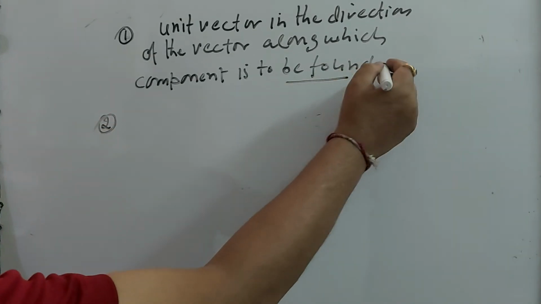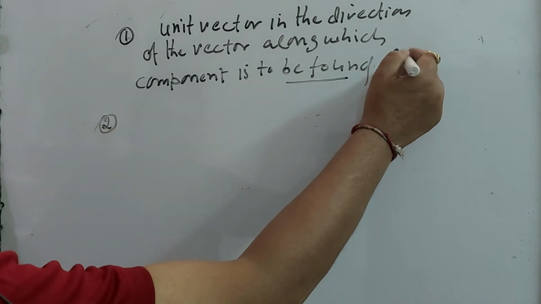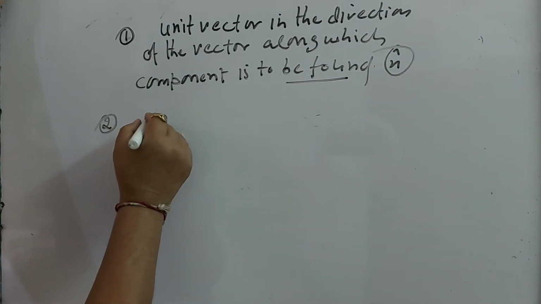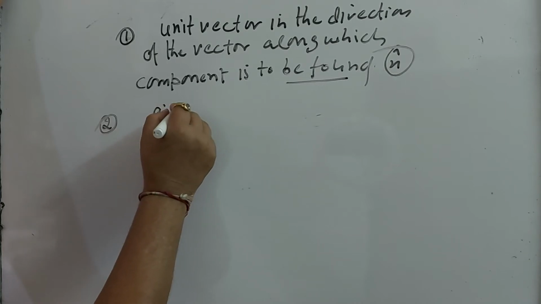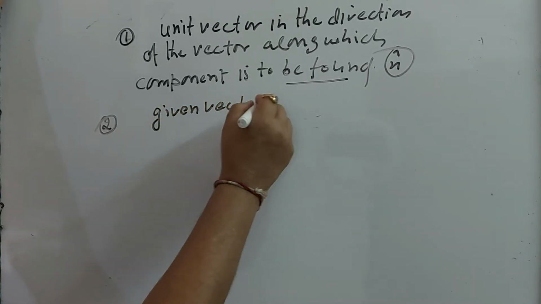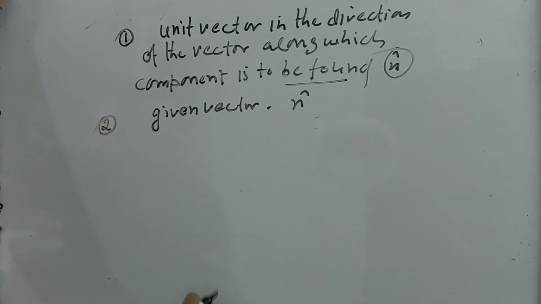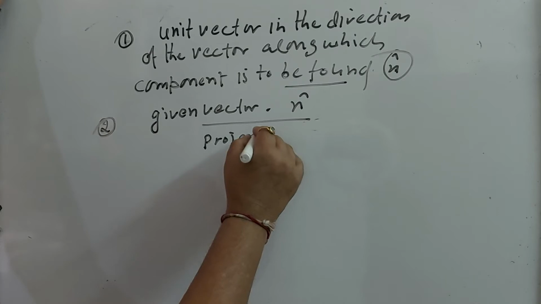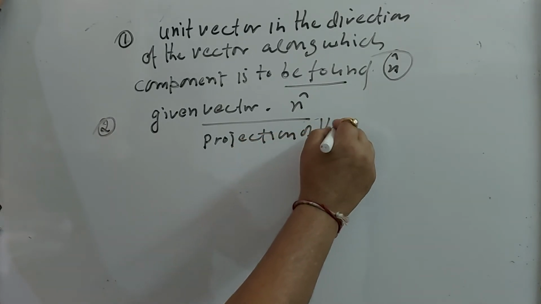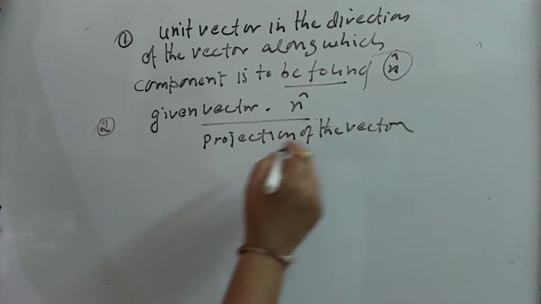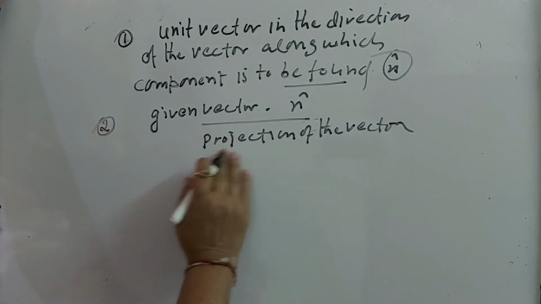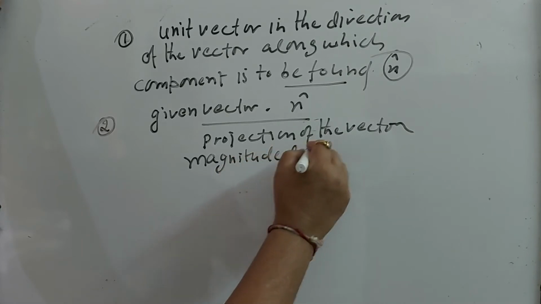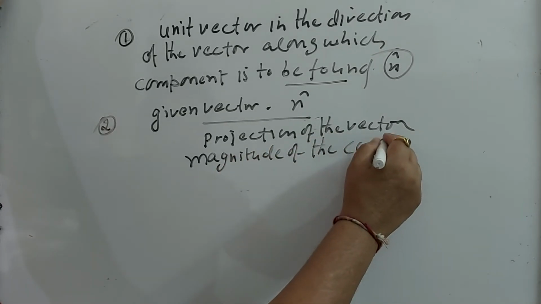Second step, now suppose this is n cap, you multiply the given vector dot this vector. This will give you the projection of the vector, or the magnitude of the component.